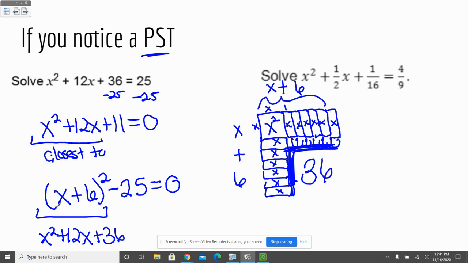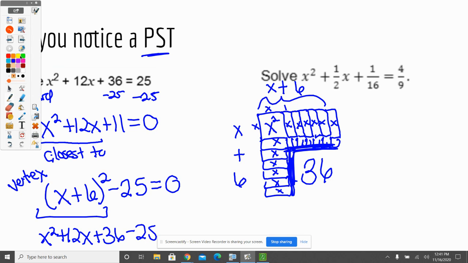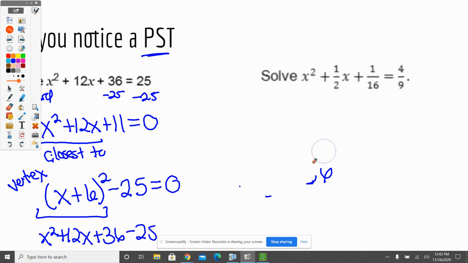This is called vertex form because x squared plus 12x plus 36 minus 25 equals what I started with. So this guy is called standard form, and this guy is called vertex form. And vertex form is really nice because it takes the x squared and the x, and it just changes it to an x. So now I can get x by itself by just doing some algebra.